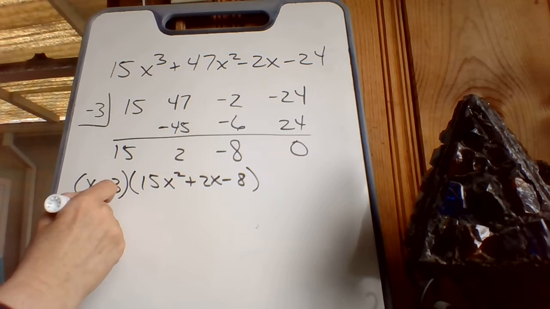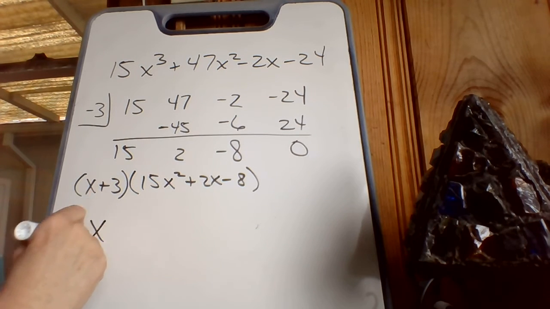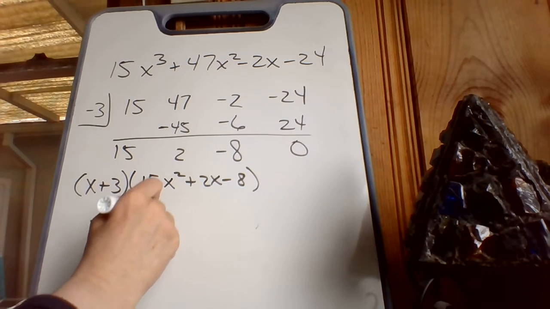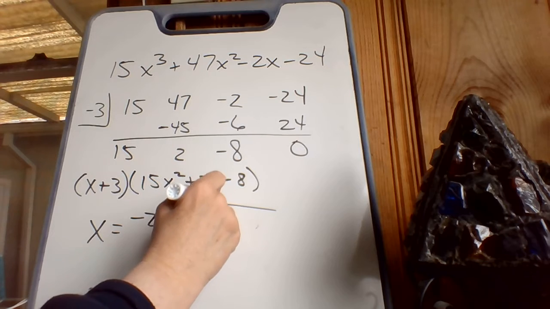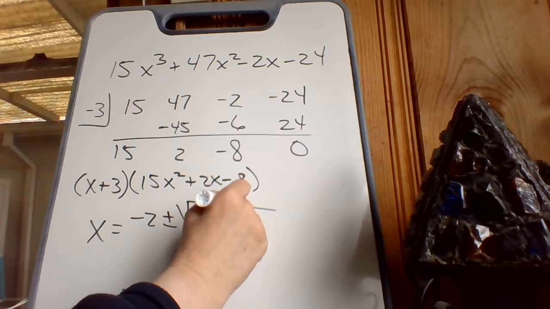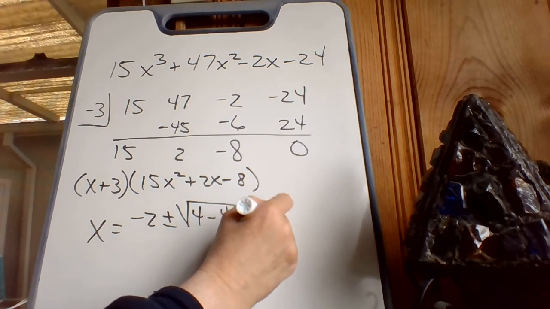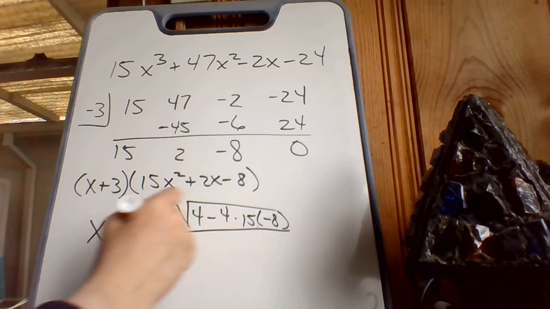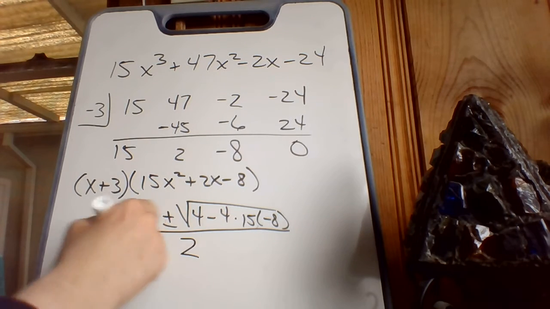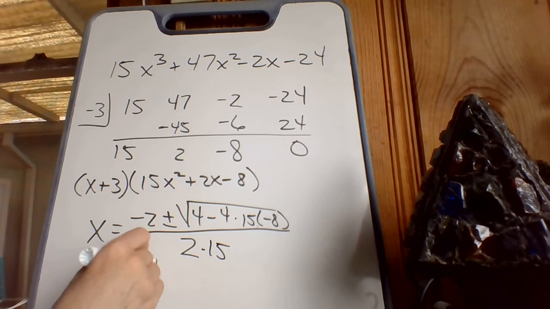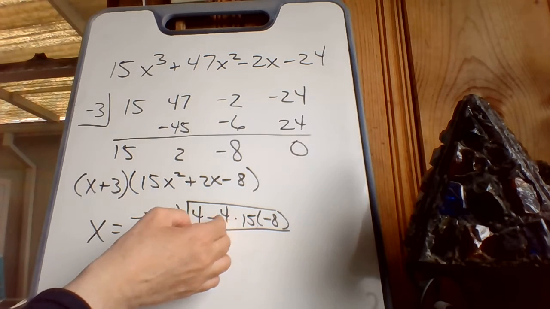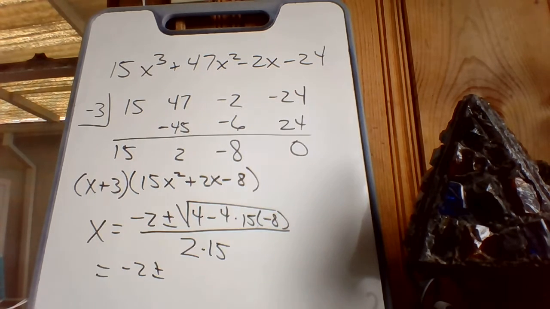So let's see. X is equal to the negative of b plus or minus the square root of b squared minus 4 times 15 times negative 8, all over 2 times 15. Negative 2 plus and minus 4 times 15, that's 60.